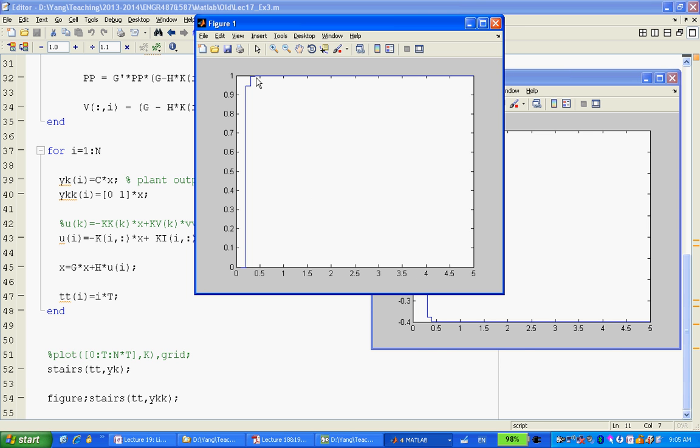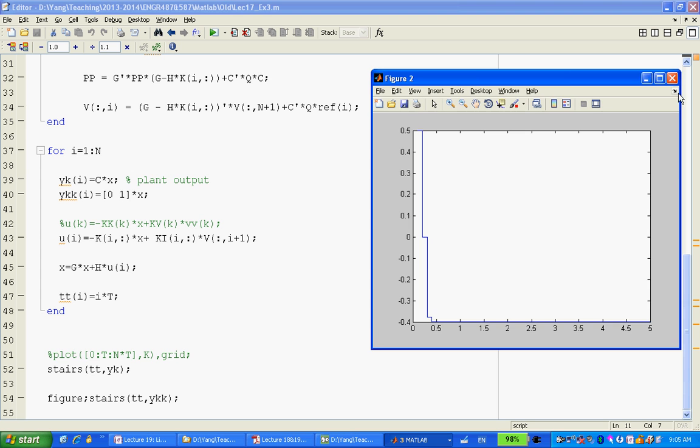And the first one is the first state's response. I'm giving a reference input. Basically, it's all 1, so you can see that essentially it goes to 1. So it runs for 5 seconds here because 50 times sampling time 0.1 is 5 seconds, right? So study this example here.